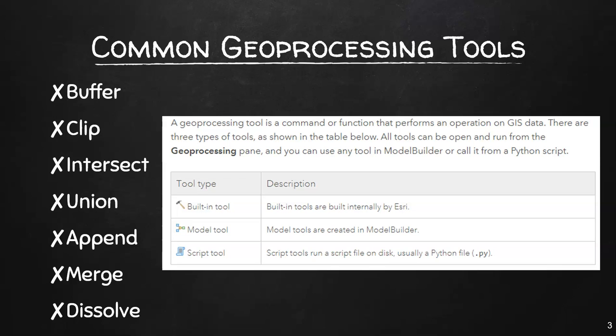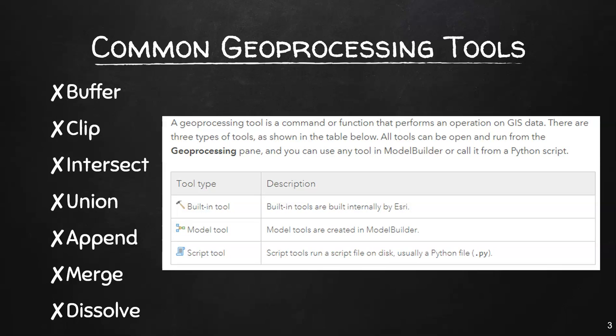So in this lecture, I'll be showing you some of the built-in tools, as noted with the hammer. So the built-in tools are some of the more common geoprocessing tools, but we also have to work with model tools from Model Builder. So some of the more commonly used geoprocessing tools are buffer, clip, intersect, union, append, merge, and dissolve.